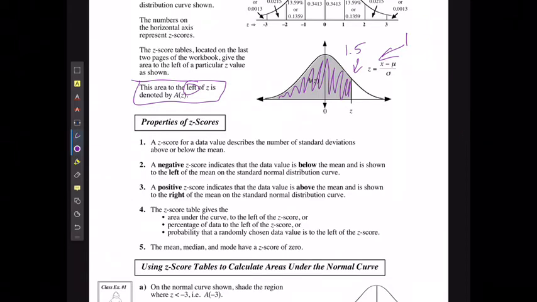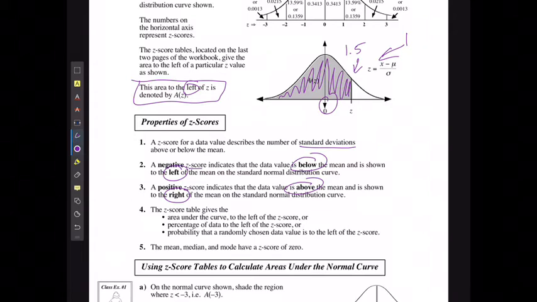A z-score for data describes the number of standard deviations above or below the mean, or that center point. Negative z-scores indicate the data is below the mean, or to the left of the mean on the curve. Positive z-scores mean that it's above the mean, or to the right of the mean on the curve.